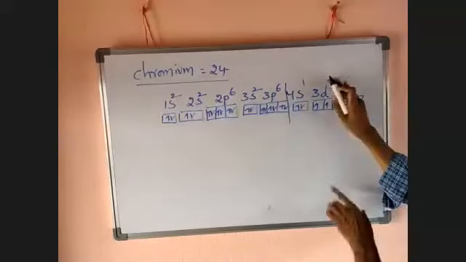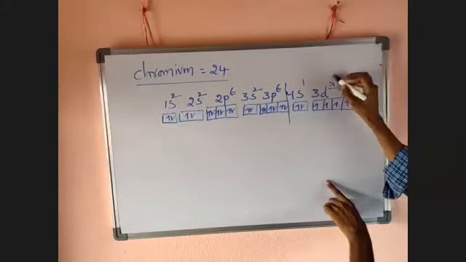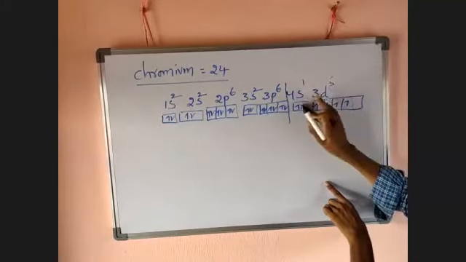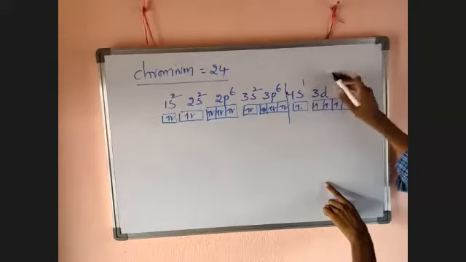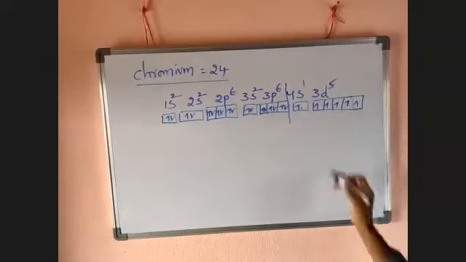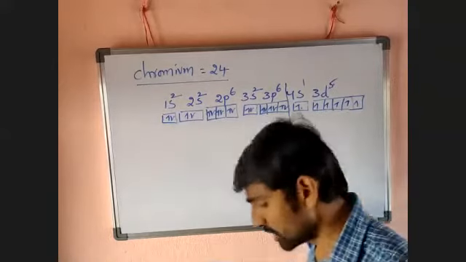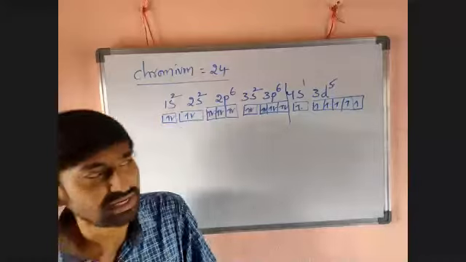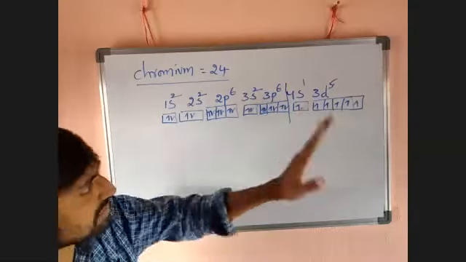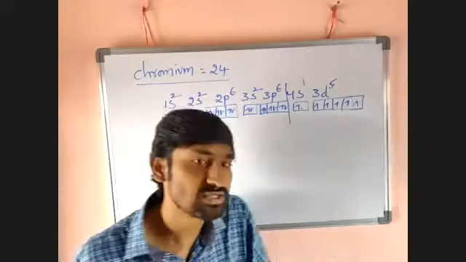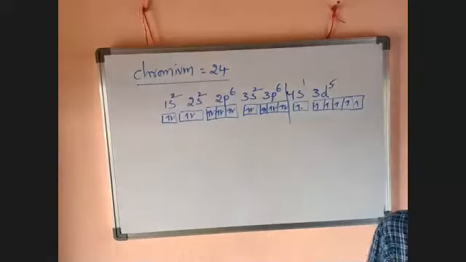Now it will become 4s1 3d5, which is a half-filled electronic configuration. Now the chromium element becomes stable. Look here. For this arrangement, which rule is violated? There are three rules.